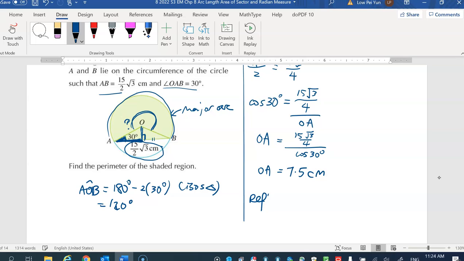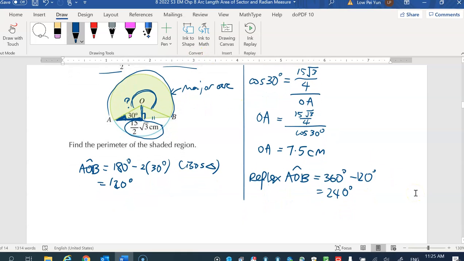So reflex angle AOB is equal to 240 degrees because I take 360 minus away 120, which gives me 240. So with the angle, now I can find the perimeter of the shaded region.